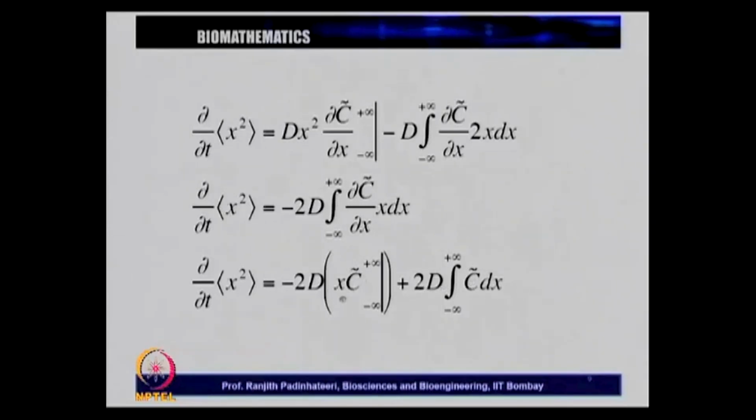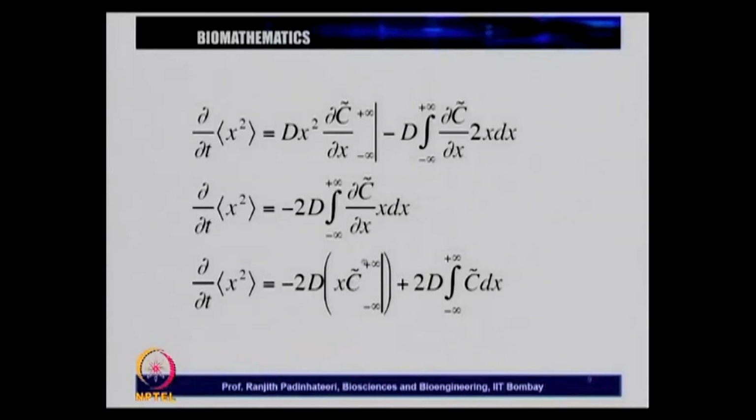Again using symmetry arguments, and that the concentration anyway at infinities will be 0, you can show that this term is 0. Why is this 0? Because the concentration at infinity and the concentration at minus infinity is anyway 0. So, this term has to be 0.